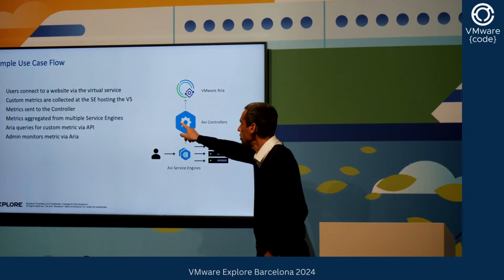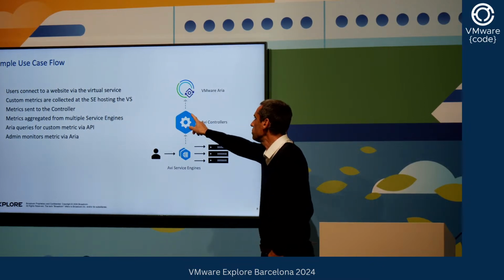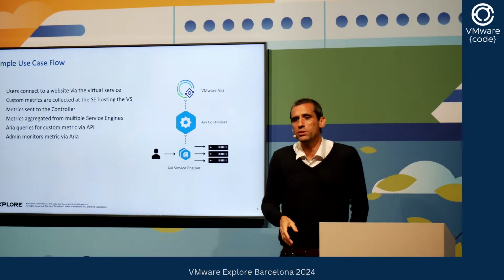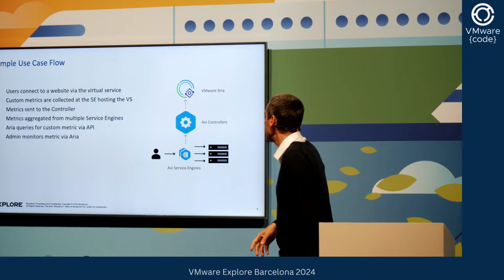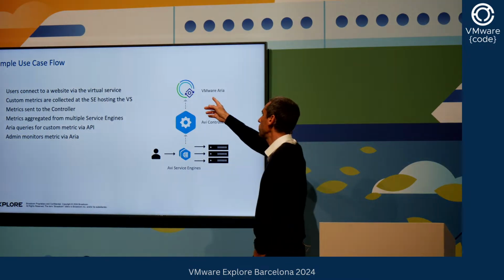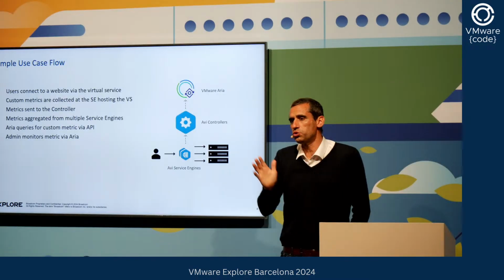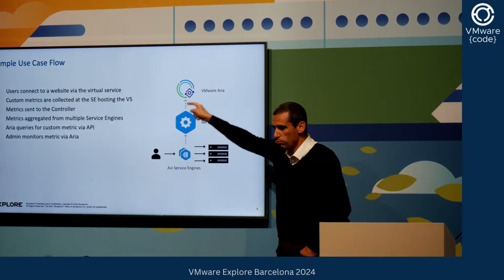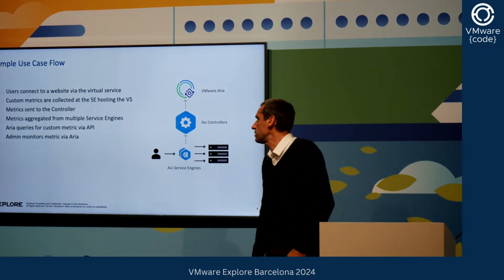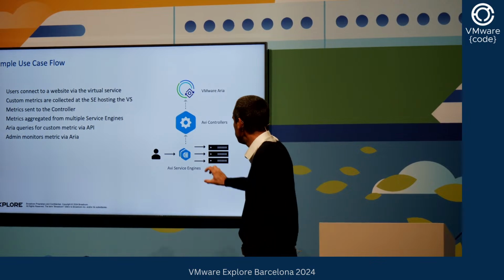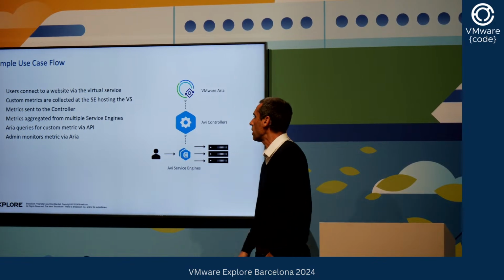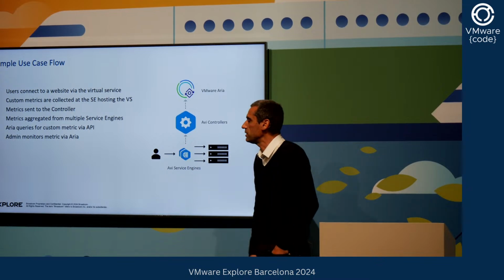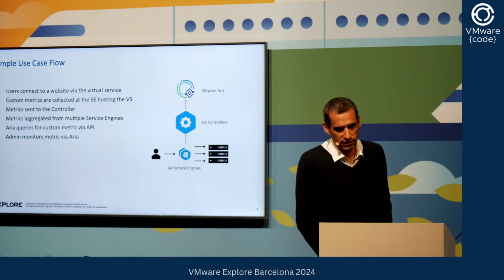And here again, you can make sure that this information is available to any third-party tools that you are using. In this case, we are taking the example of VMware Aria, but you can use whatever you want because it's basically just API calls to make sure that this tool can access the information. And again, you can create some custom counters that you define by using a data script.